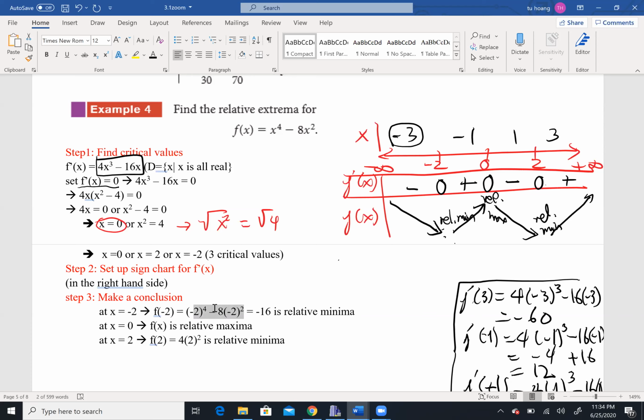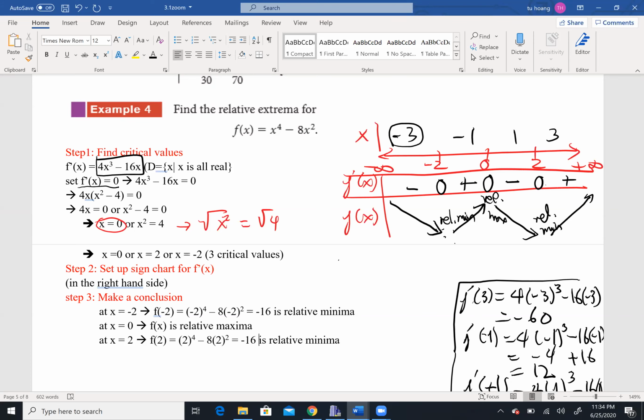And I just wanna change this to be positive 2 for this case, and I still have negative 16, which is also a relative minima.